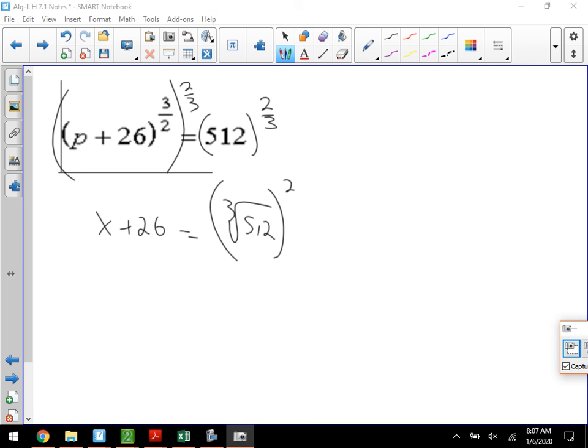512. Well, if you did 8, does it work? That's a good idea. I was going to say, I know that it's not going to be 4, okay? Because 4 cubed is, well, what is that, 64? 16 times 4, so that's small. 5 cubed is 125.